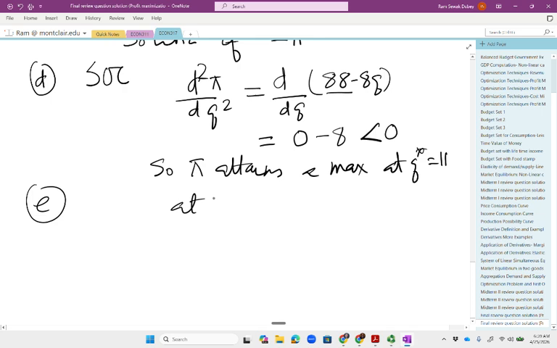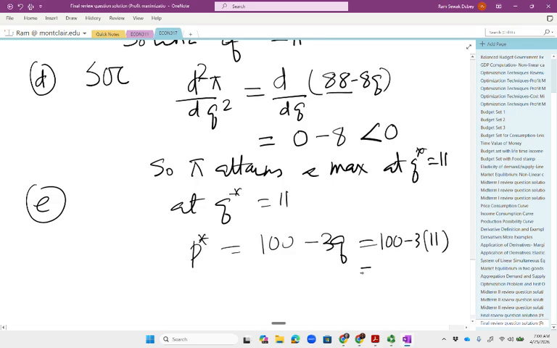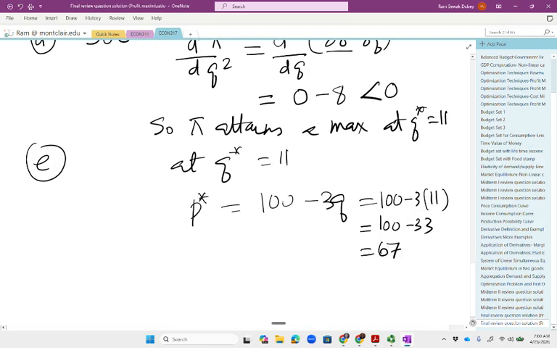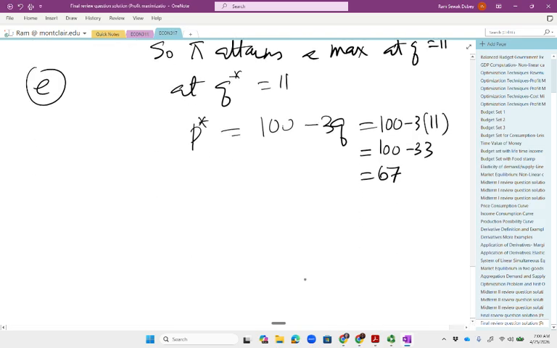So at Q star equal to 11, the price, I'll call it P star, turns out to be 100 minus 3 times Q. So 100 minus 3 times 11 turns out to be 100 minus 33. The answer is 67. So that's the price at which the monopoly will sell its output.